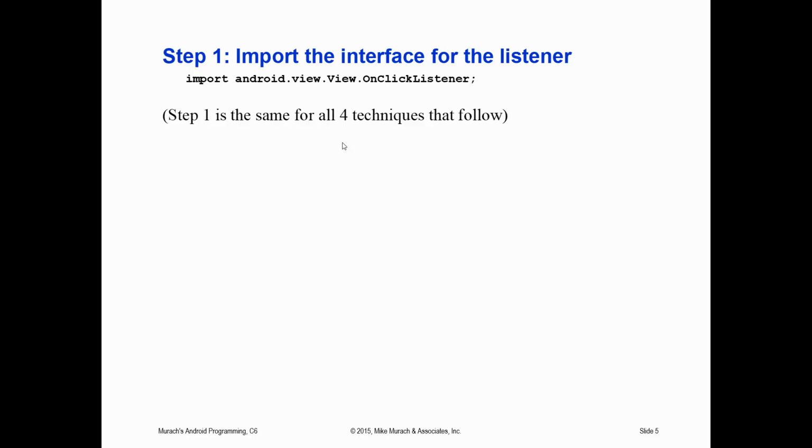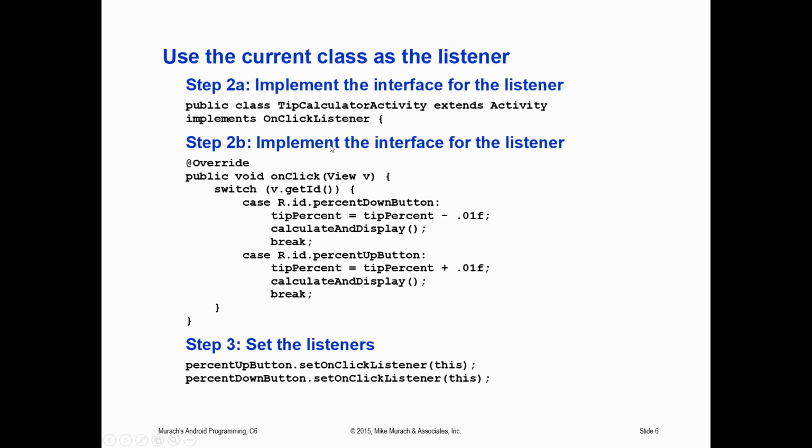All right, so for example, this would be like for a button, and it's an on-click listener. This example shows how to handle the click event for 2 buttons using the current class as the listener. So you see we put a switch statement in here. Again, this says when you click the button with a minus sign on it, that's the one with a plus sign.